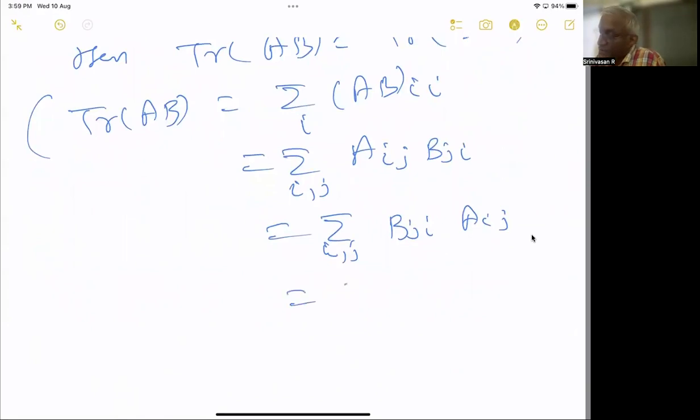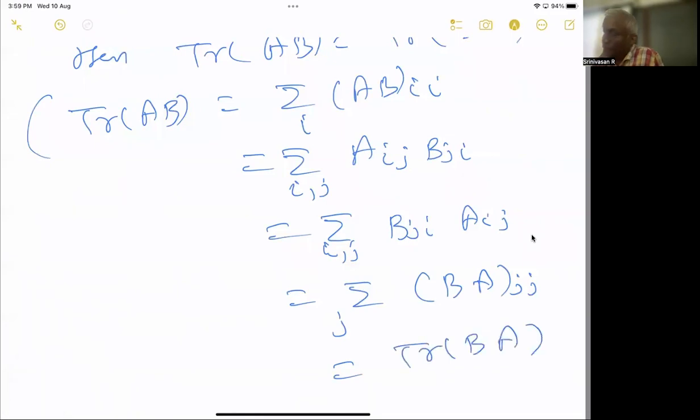So this is the same as the summation over j and i of B_ji A_ij. Summing over i, this is just the jj-th entry of BA. So that is equal to trace of BA.